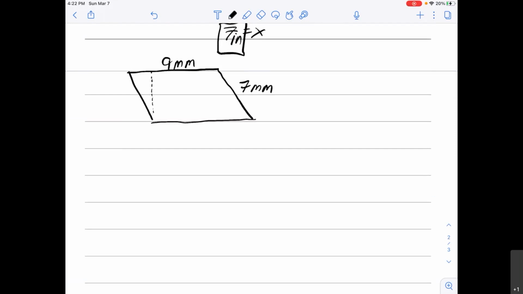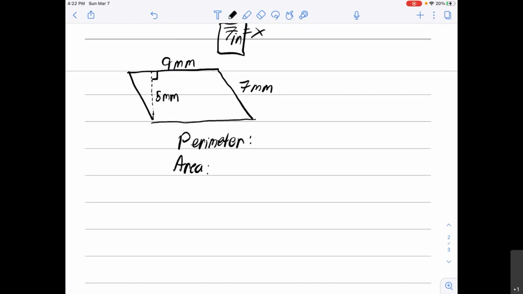And then this side, or this measurement, was 5 millimeters. And it has that square there. And then I asked you to find both the perimeter and the area. So pause here and see if you can find both those measurements for this parallelogram, and then restart when you have your answers.